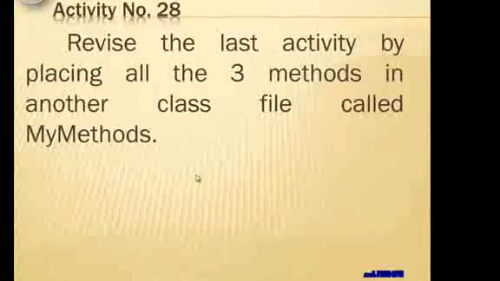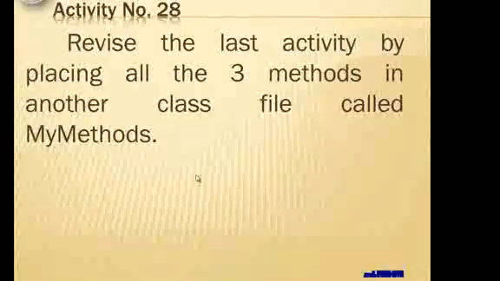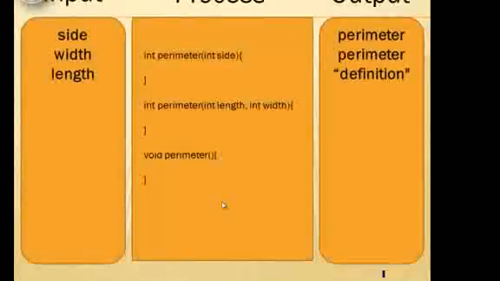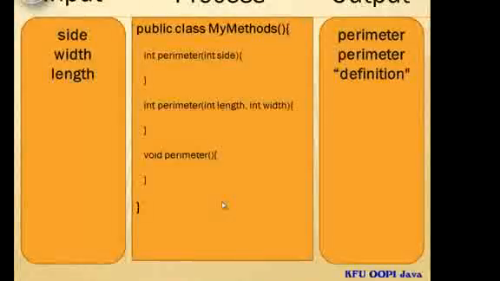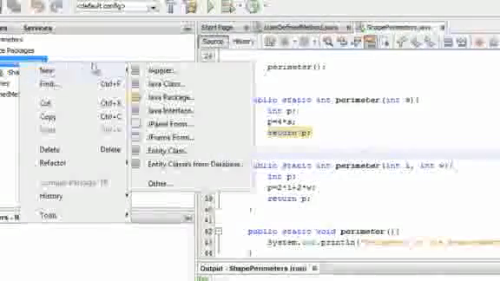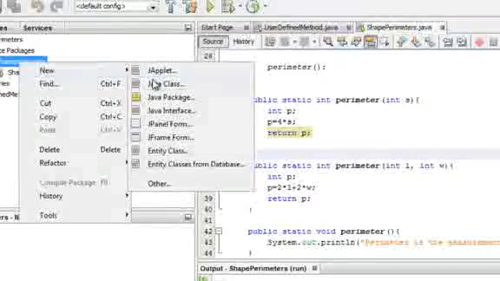We will revise the last activity by placing all the three methods in another class file called myMethods. So everything is still the same except that those three methods will now be inside another class which we will call myMethods. So to revise this, we have to create a new class, a new Java class.